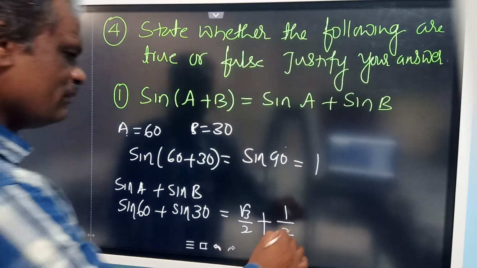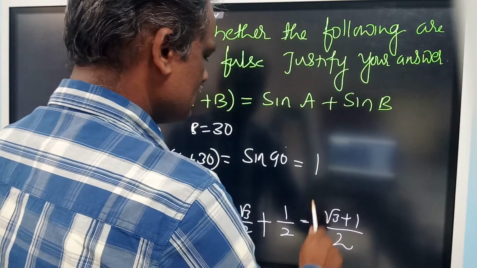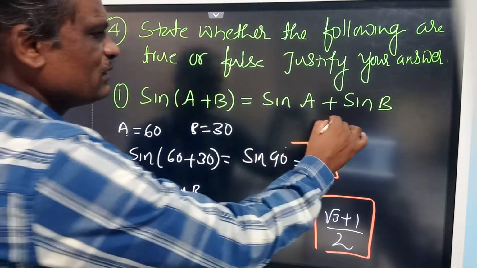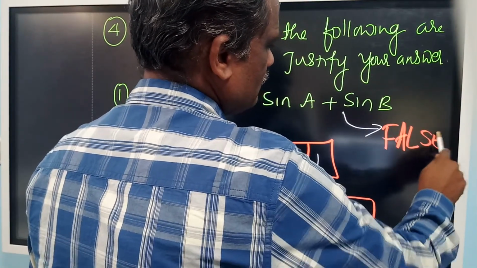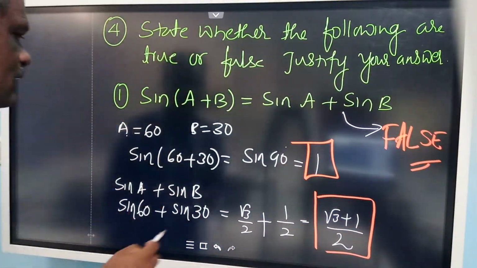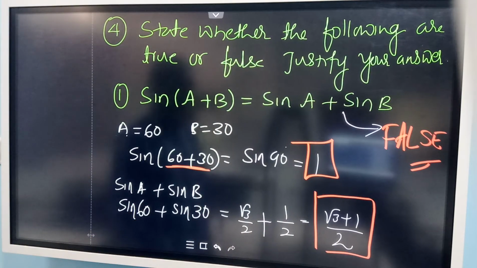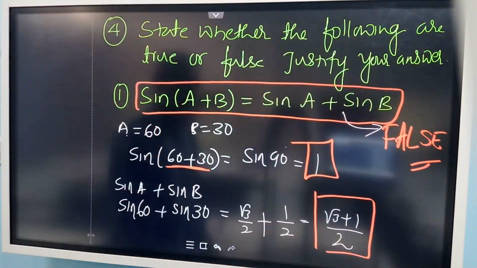So now if you take the LCM, it becomes root 3 plus 1 by 2. See, this and this are not equal, so therefore this statement is false. It is not satisfied. Sin 60 plus 30 is not the same as sin 60 plus sin 30. This statement is wrong. False.